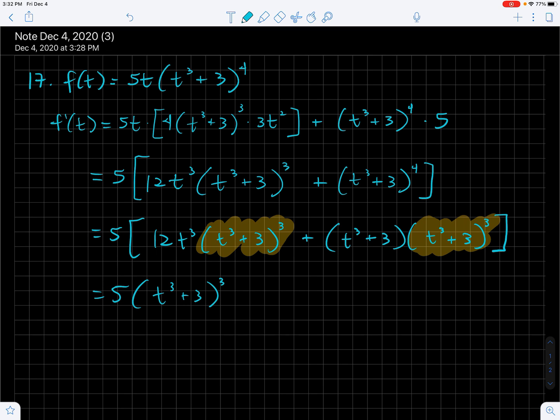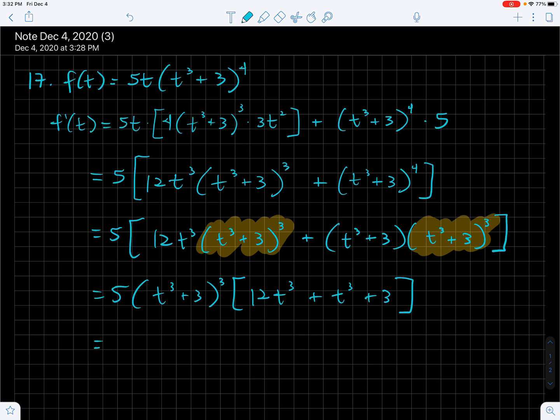I'm going to peek at the solution again. Okay, that's a good sign. And then we are left with, in the brackets, 12t cubed plus t cubed plus 3. And then if we combine like terms here, that's where we get the 13t cubed.